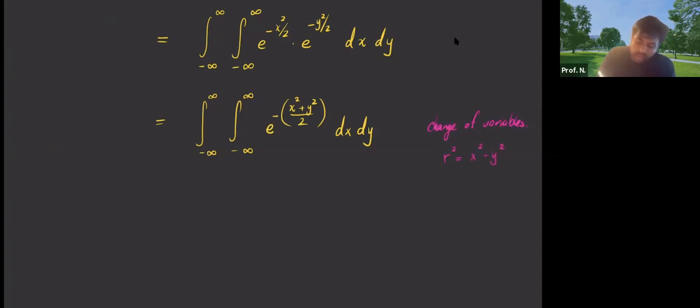This is when x equals r cosine theta, y equals r sine theta, right? And then we have this thing called the Jacobian. So dx dy becomes r times d theta dr.